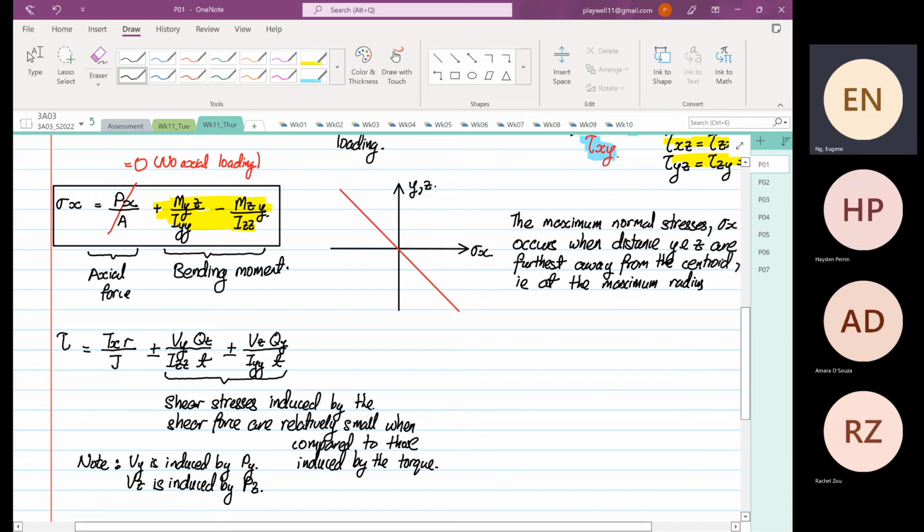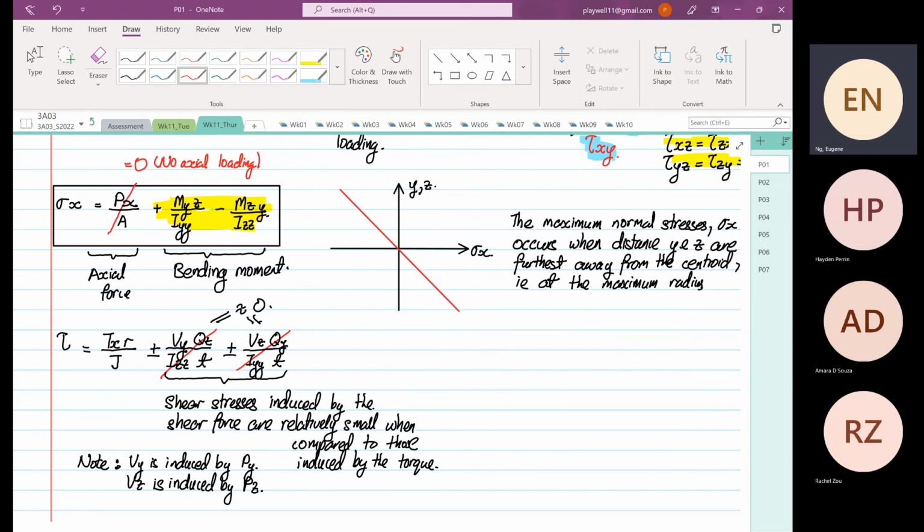So this term over here we assume to be very small, approximately equal to 0. So these terms are dropped. We drop the shear force. So the only component that induces the shear is the torque.